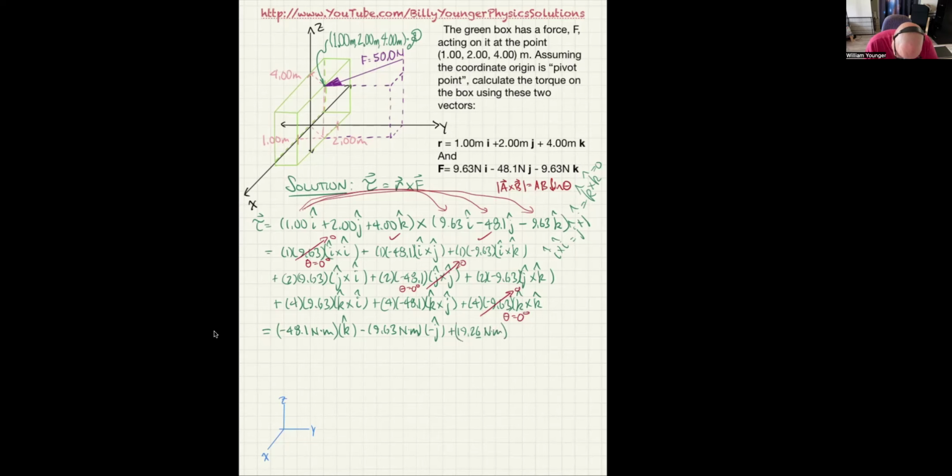Now that one gives me J hat cross I hat. Looking at this coordinate system in the bottom left of the page, J hat is this guy, and I hat is this guy.